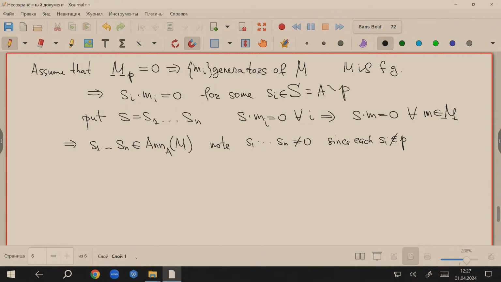And this implies that their product is not in P, so in particular it is not 0.